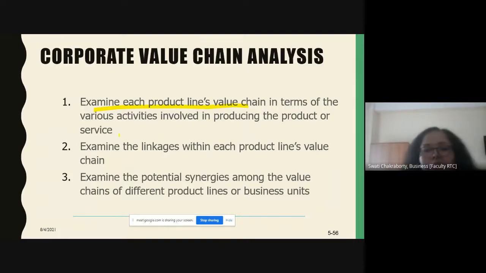Then examine the linkages between each product line's value chain, and then examine the potential synergies of coordination amongst the value chains of different product lines or business units. First, take up each product line and see where the activities are involved, examine the linkages, and how each of these product lines are interrelated. Is there coordination?